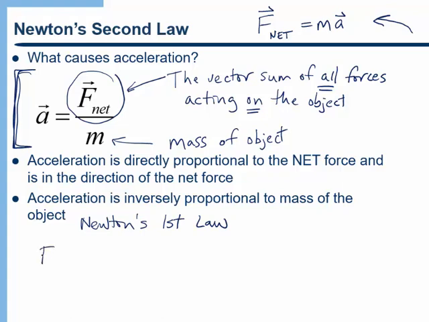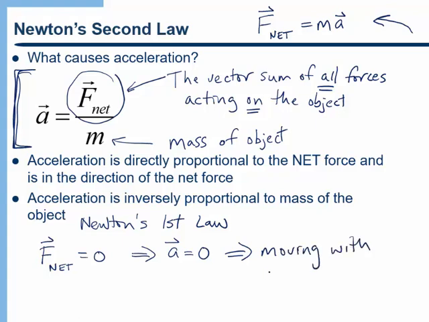As we talked about in our previous video, if the net force acting on an object is zero, that means the object is not accelerating, and therefore the object is moving with a constant velocity, and of course that constant velocity could be zero.